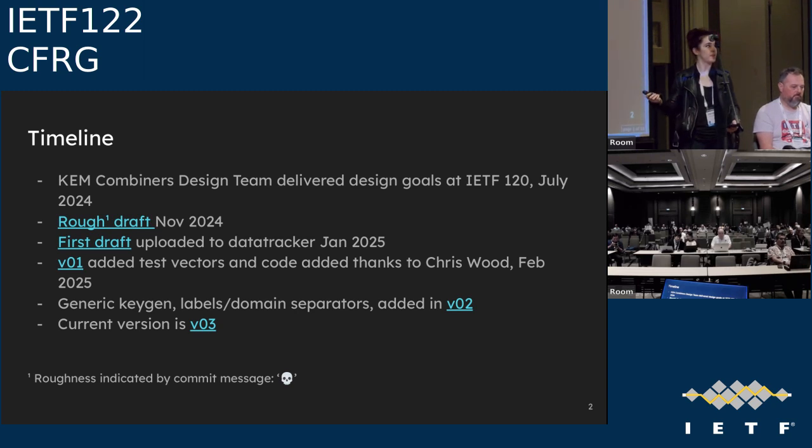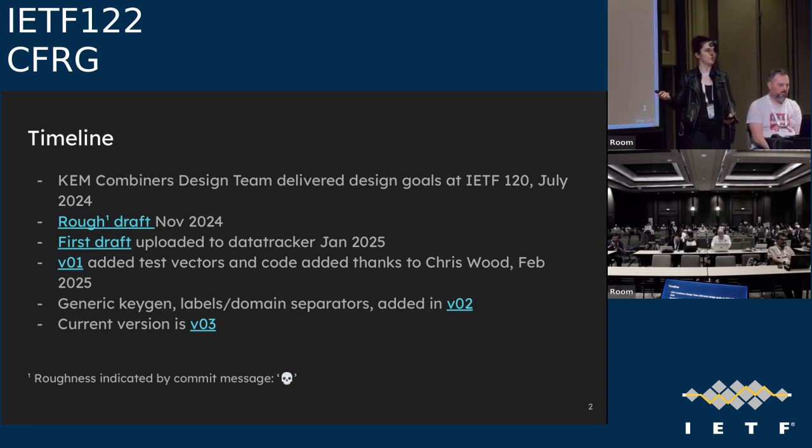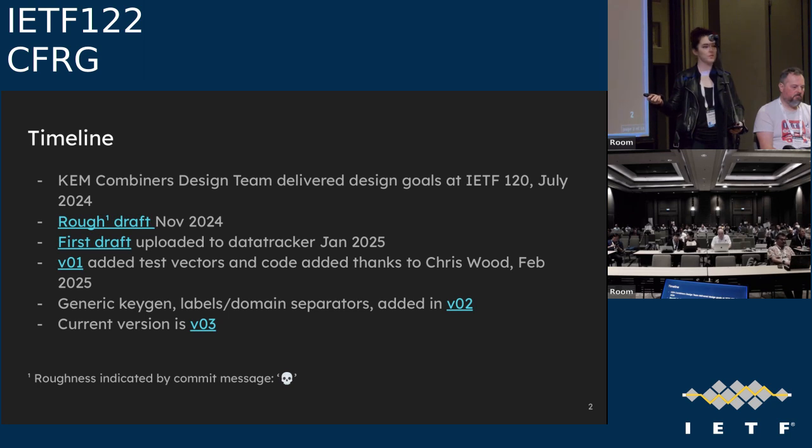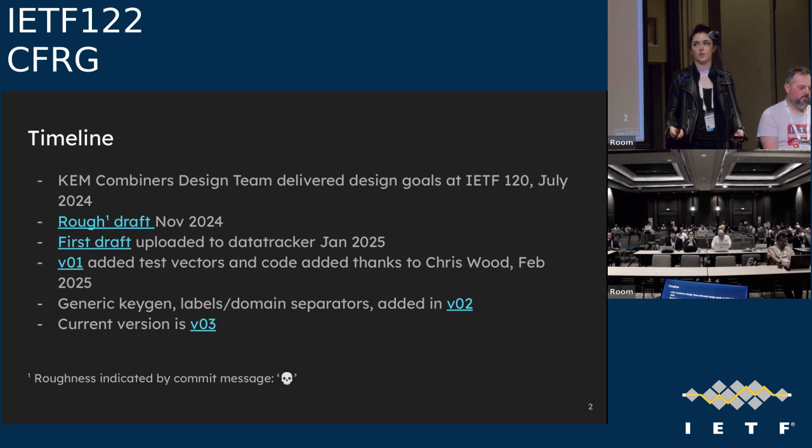Okay, I authored the first three or four drafts of the hybrid post-quantum traditional KEM combiners research topic. The first rough draft showed up on the internet in November 2024, just after the last meeting. The first draft that was uploaded was in January.